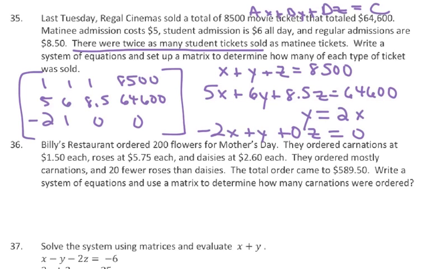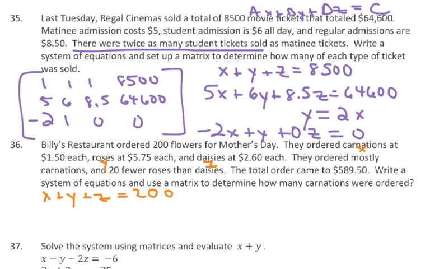So first we're going to call the number of carnations X, the number of roses Y, and the number of daisies Z. The first equation has to do with the total number of flowers ordered: X plus Y plus Z is 200.